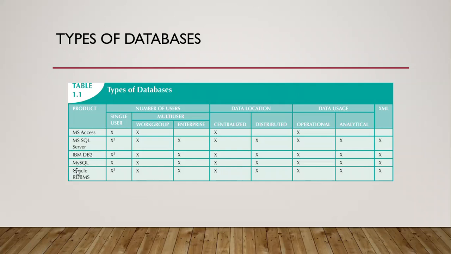We have MySQL, Oracle, RDBMS, and we can see whether they support single user or multi-user, based on data location whether it is centralized or distributed, based on data usage whether operational or analytical, and also whether it supports XML or not. So all these support XML except Microsoft Access.